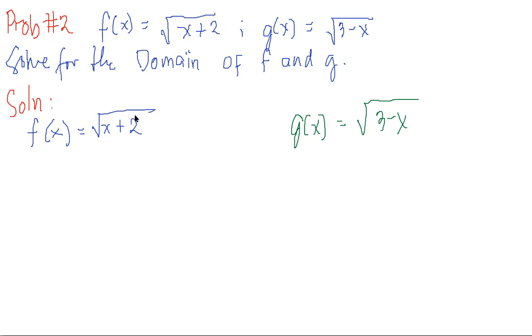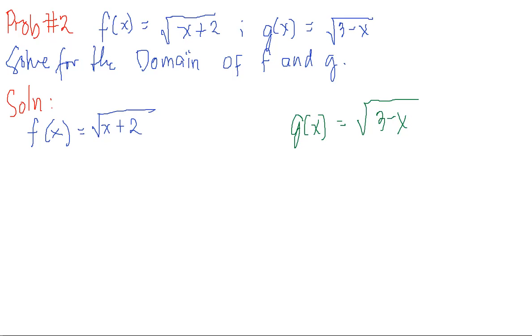So we restrict that. Hence, we are going to restrict the value of the radicand, which is x plus 2, to be greater than or equal to 0, such that the function value would be a real number.